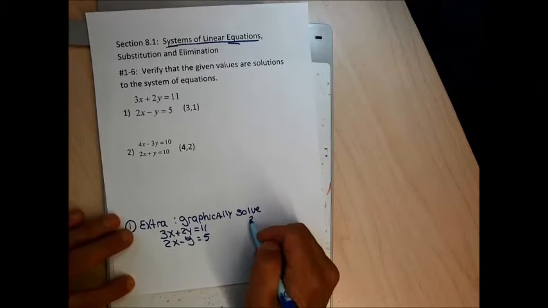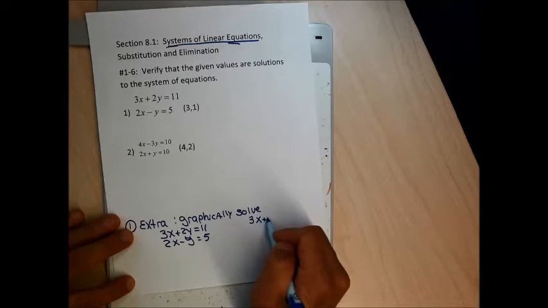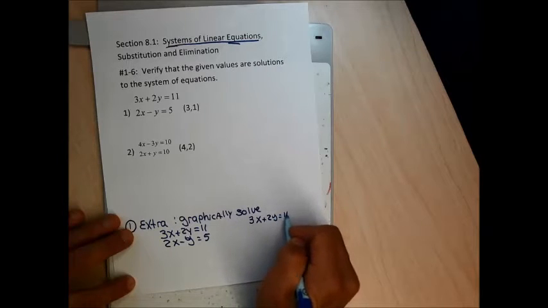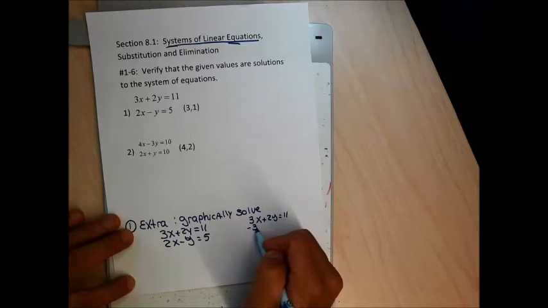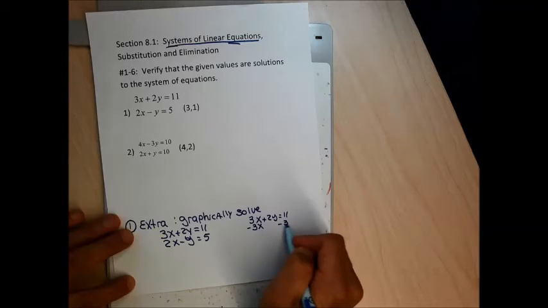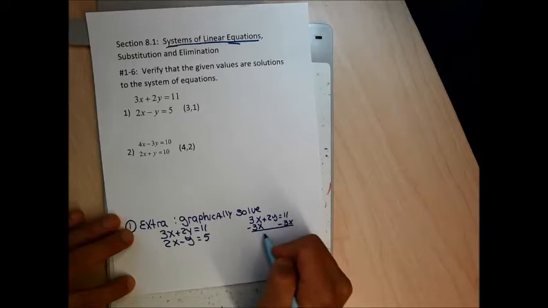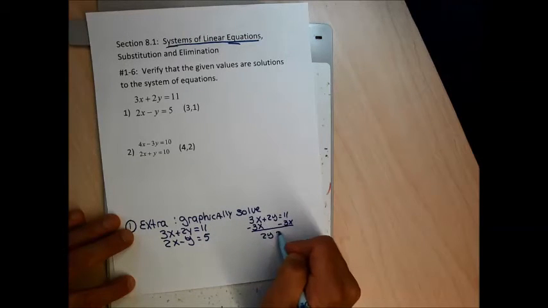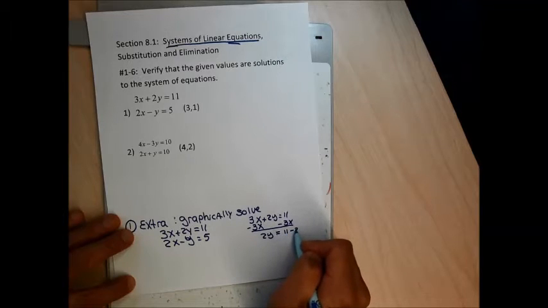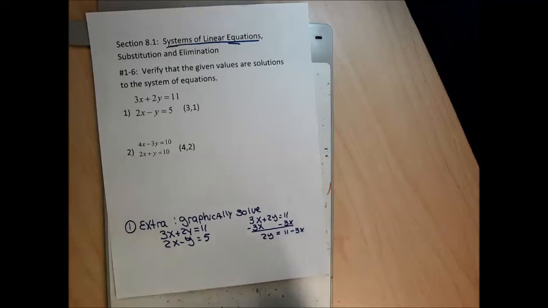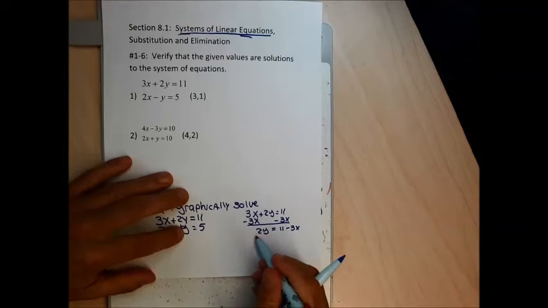So the top equation, 3x plus 2y equals 11, I'm going to set this up to graphically solve by isolating the y, by first subtracting 3x from both sides, and then dividing everything by 2.